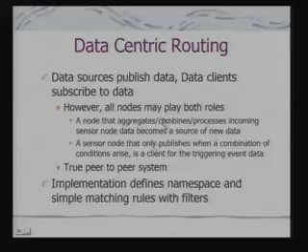Fine. So, a node that aggregates, combines, processes incoming sensor data becomes a source of new data. Okay. A sensor node that only publishes when a combination of conditions arises is a client for triggering event data, and it becomes a true peer-to-peer system. The implementation defines a namespace and simple matching rules with filters. Why do we need matching rules with filters?